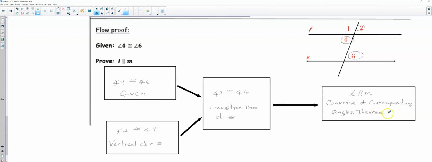There you go. And that's basically a different way to do a proof. Instead of the two-column proof that we usually do, where you have the statements and then the reasons, this is called a flow proof. Okay, so that's just another way of doing a proof.